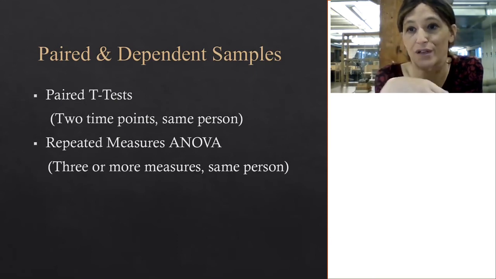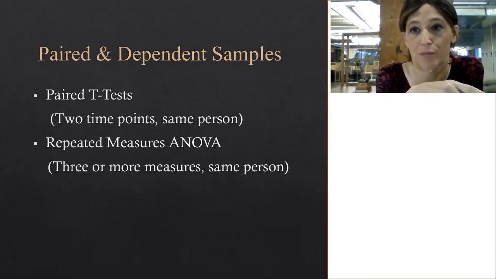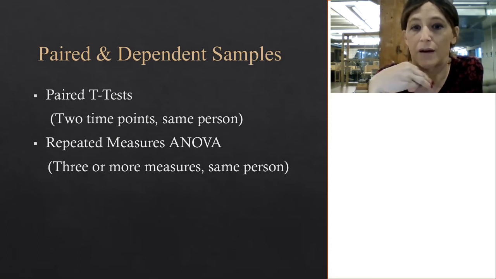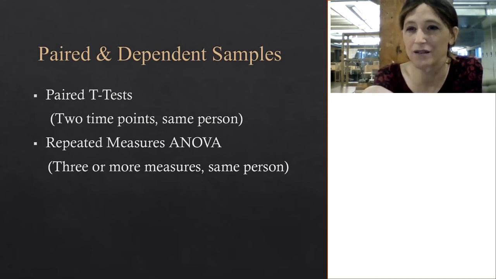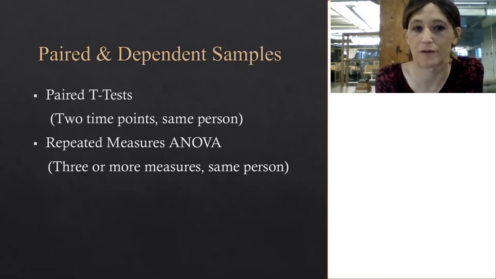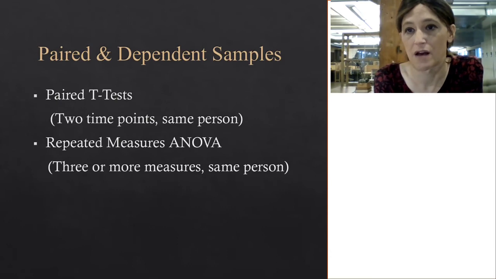So instead of having 3 different groups, we have 3 different points in time, time 1, time 2, time 3, and we would use a repeated measures ANOVA. Some of this is getting a little bit outdated now. We have what are called general linear models that are often used to deal with these kinds of situations, but historically we've used repeated measures ANOVA and paired t-tests for any situation where we have paired observations on the same individuals.